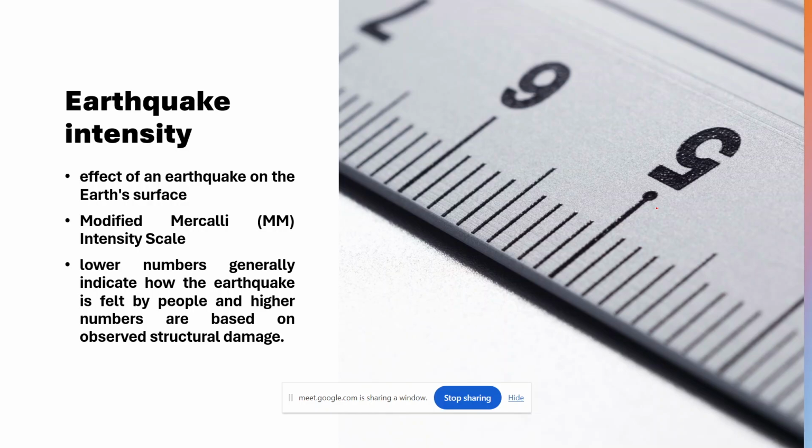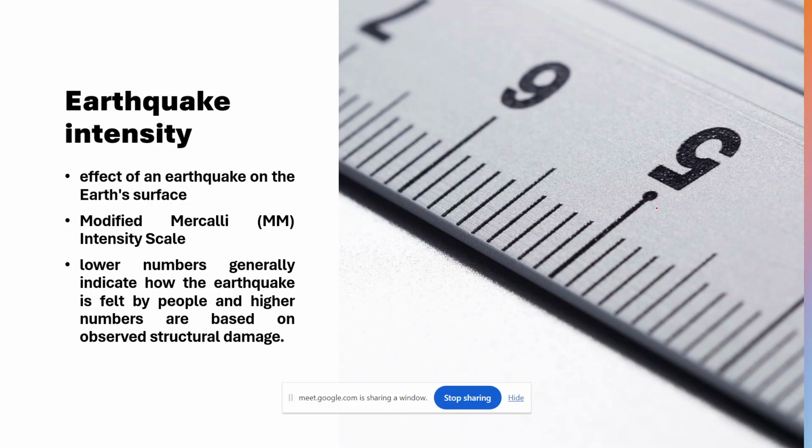So the effect of an earthquake on the earth surface is what you call the earthquake intensity, and this is not quantitative. You might be reading in the newspaper that a 7 magnitude earthquake, a 6 magnitude earthquake, that is earthquake magnitude. That is not earthquake intensity. Earthquake intensity is a qualitative factor, and it is based on how people perceive it.